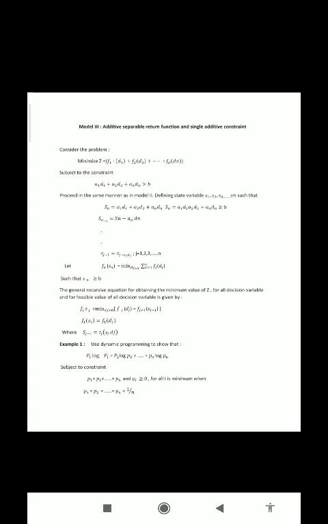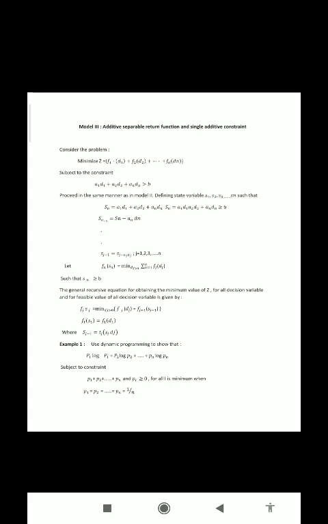Here we have to define a recursive equation. For stage 1, the recursive equation is denoted by f1 of s1 and is defined as minimum of f1 of d1. For stage 2, f2 of s2 is equal to minimum of f1 of d1 plus f2 of d2, or we shall write f1 of d1 plus f1 star of s1.